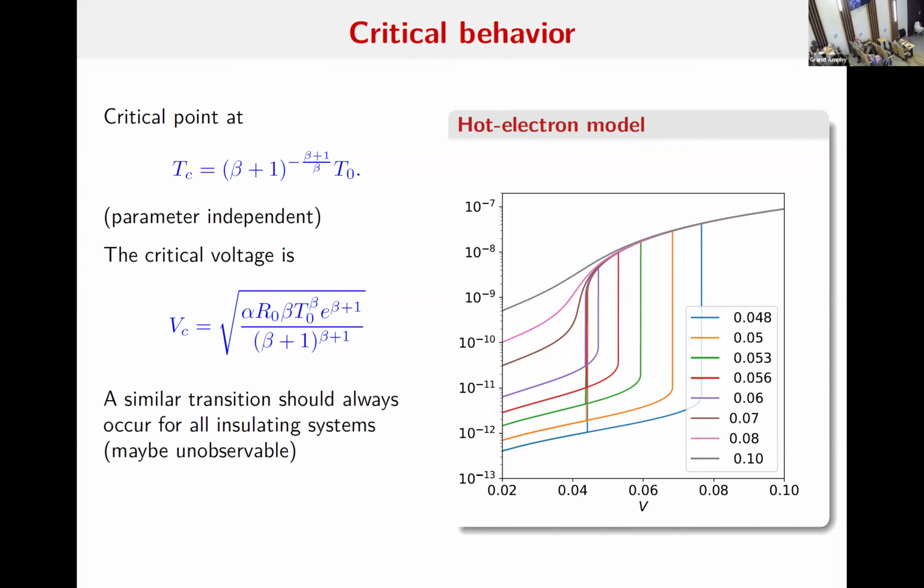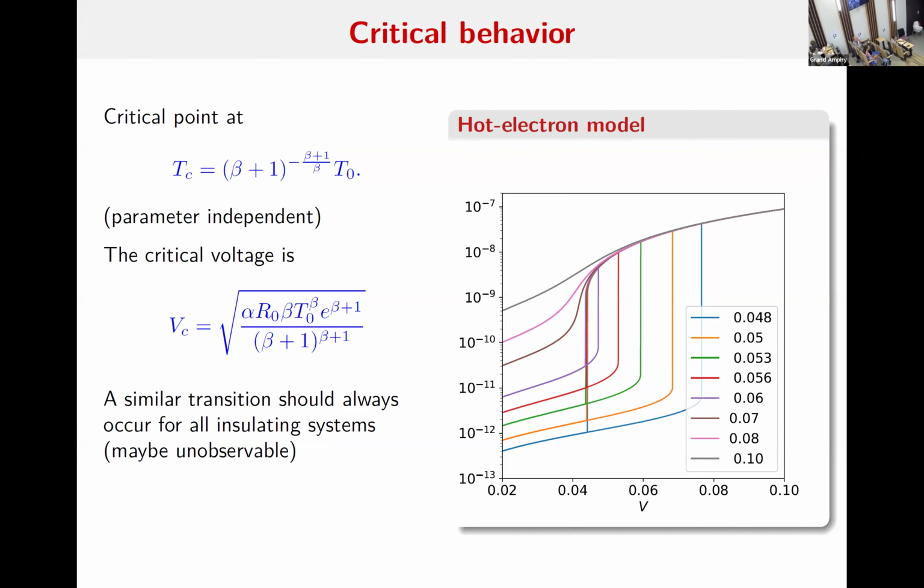One thing is the critical temperature: it is the temperature at which you don't have hysteresis anymore, or when you don't have the jumps. So the temperature at which the jumps disappear is given like that. These formulas are for activated behavior.